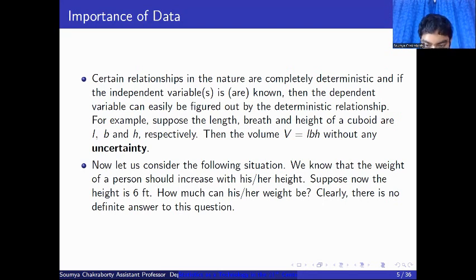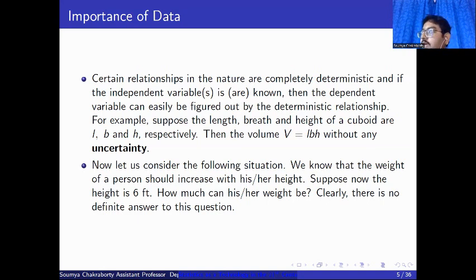There are certain relationships in nature which are completely deterministic. If we know one thing, just using that deterministic relationship or formula, as we learned algebra in class 7 or 8 or 9, we can evaluate certain things.